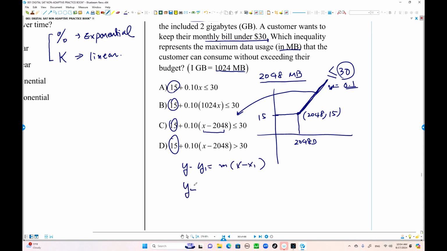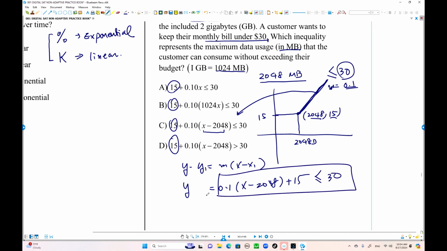So y1 is 15, the slope is 0.1, and x1 is 2048, plus 15. That's the right cost, which should be less than or equal to $30. That's the inequality. So which one is equivalent to this? Yes, option C is exactly the same as this.